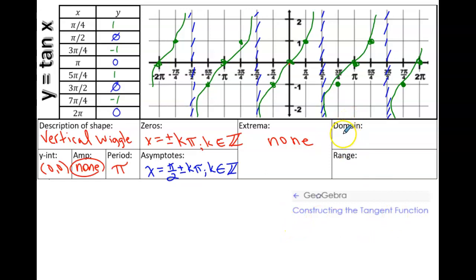Our domain is all real numbers except where x is undefined, which is at those vertical asymptotes. So x cannot be equal to pi over 2 plus or minus k pi, where k is an element of the integers. And then the range, notice between the asymptotes, these ends are headed up and down to positive and negative infinity. So our range is the fully unbounded interval negative infinity to positive infinity.